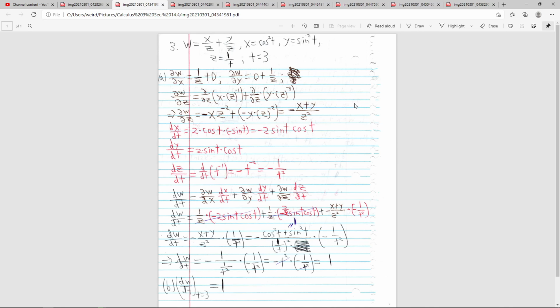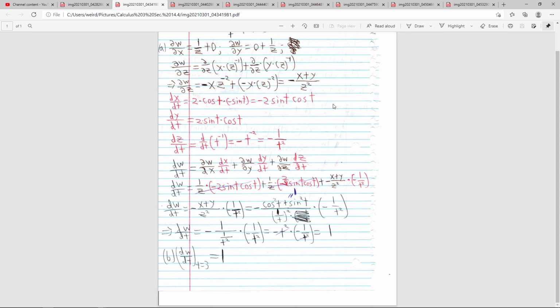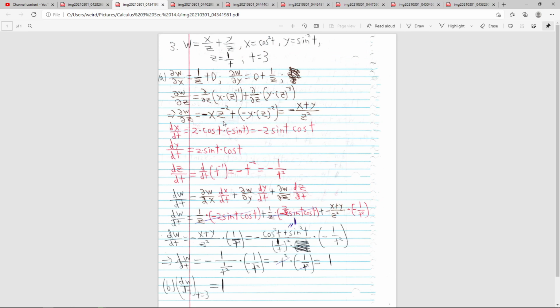You use the power rule. And you do it for both the x over z and y over z. So negative x plus y over z squared.